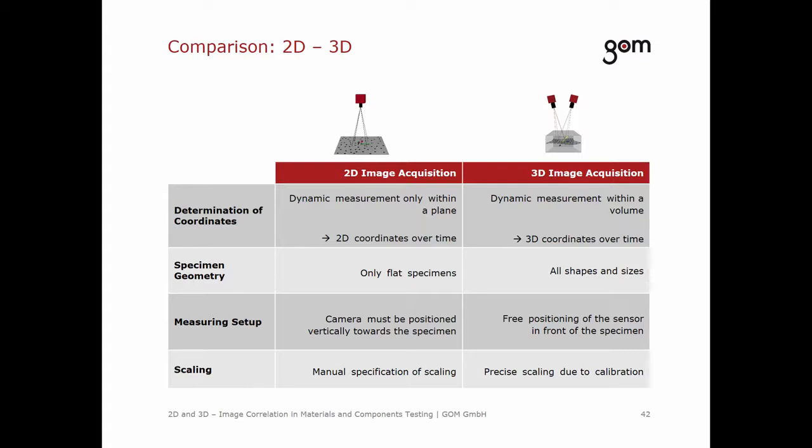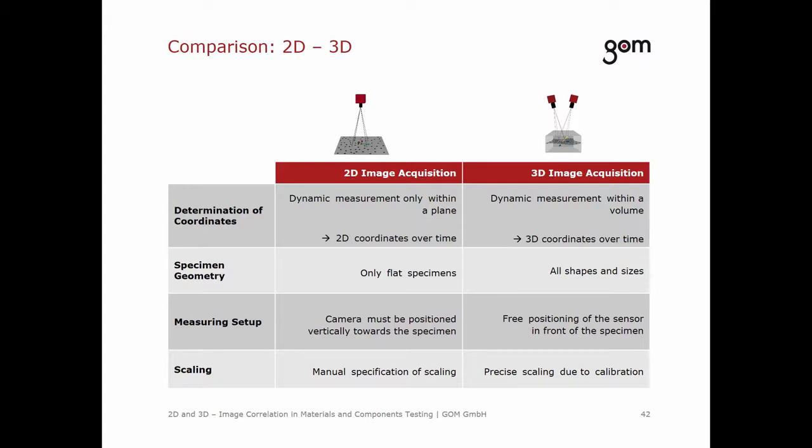In the 3D measurement, you have a dynamic measurement within a volume. That means you get 3D coordinates over time. 3D measurements are suited for specimens of any shape and any size, regardless of the specimen thickness. Any type of motion can be analyzed, therefore.